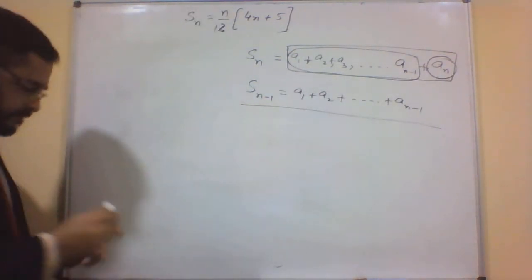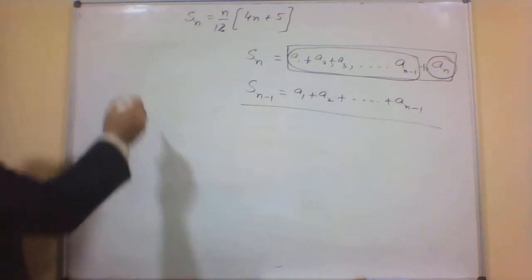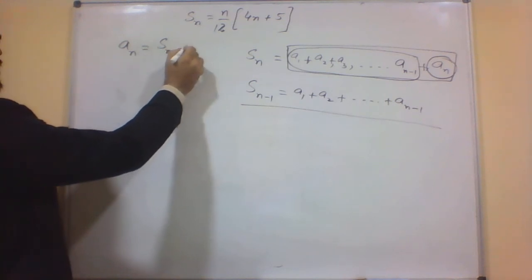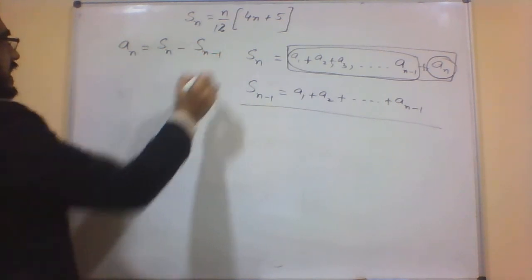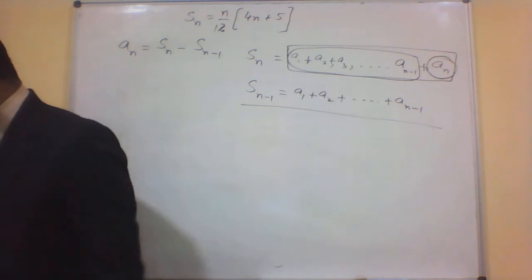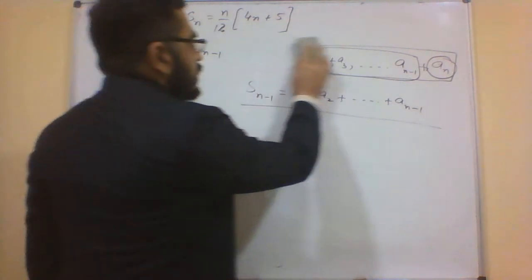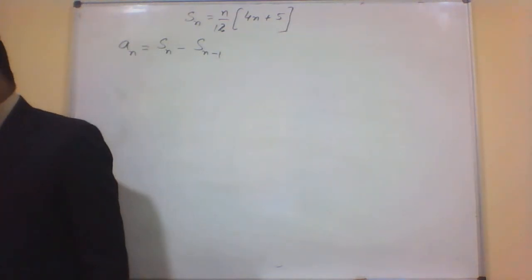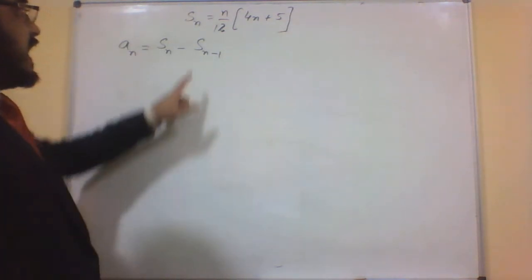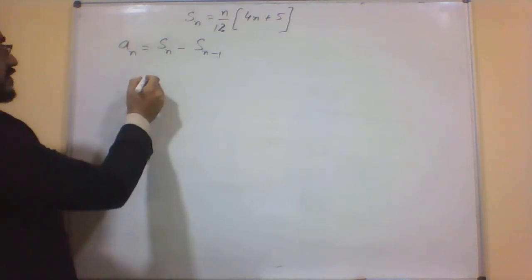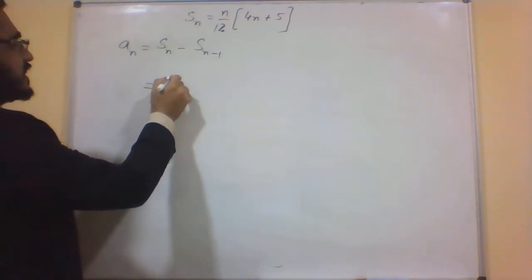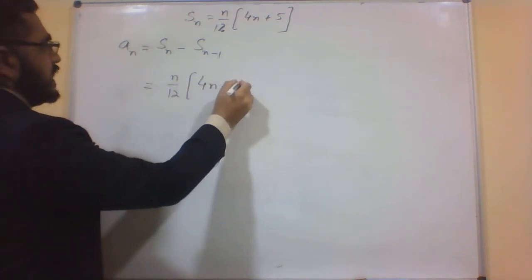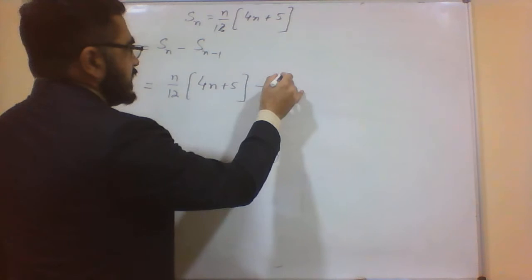It means An is equal to Sn minus Sn minus 1. Sn is given here, and we can substitute it: that is n divided by 12 into 4n plus 5, minus Sn minus 1.